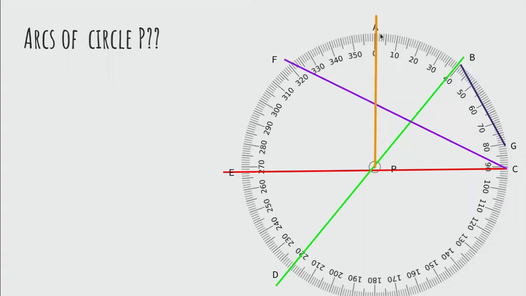When we talk about arcs, remember an arc is just a piece of the edge of the circle between 2 points. We are going to fill this slide out as we go.